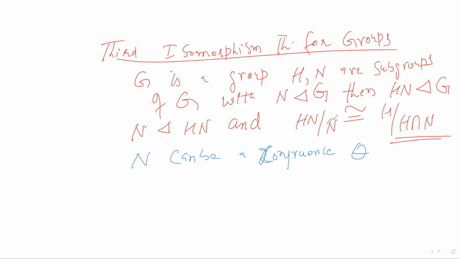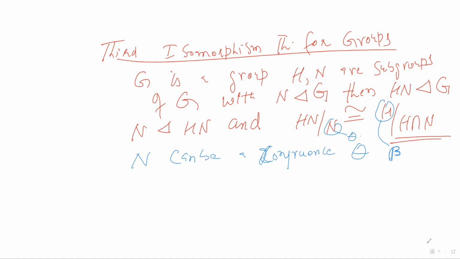Okay, so I can replace this by theta, and H is a subalgebra, so I can replace it by B. H is a subgroup, so it's B. Now H intersection N. So H intersection N is a normal subgroup of H. You can check this.